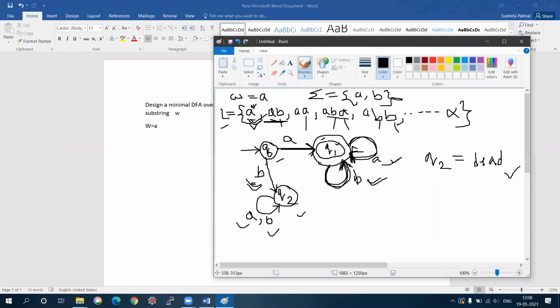So this automaton is complete. This deterministic finite automaton is complete, and Q2 is our dead state, and Q1 is our final state. Final, right? और Q0 है हम लोग का initial state.